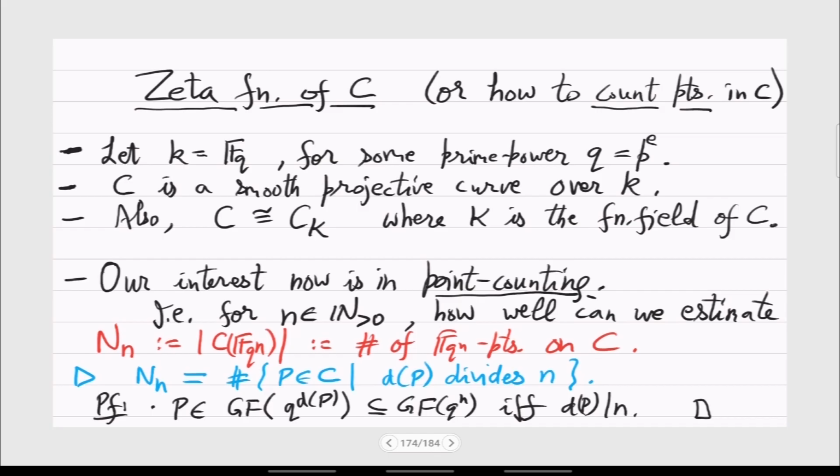So we want that estimate to be made much more precise. The covering of the projective line, how good is it for finite fields? That's our goal. We'll gradually move towards that by defining this zeta function and studying it.